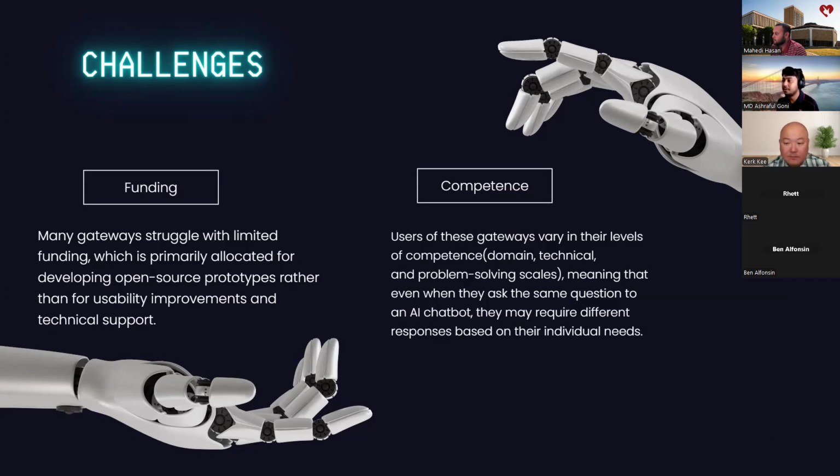I will not consider their competence level, like who is better in this research, who is less good, or what kind of thing. So that is another problem that gateway developers give less attention to when they build gateways. So these are the two challenges that we address in this paper, and we definitely come up with a solution.